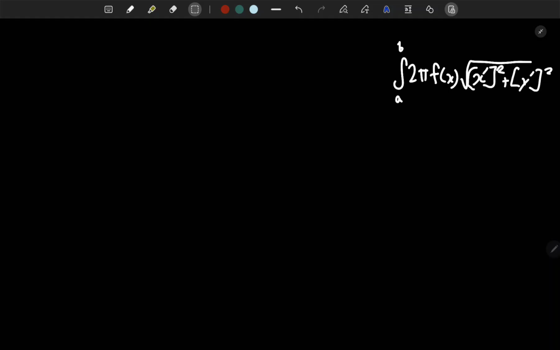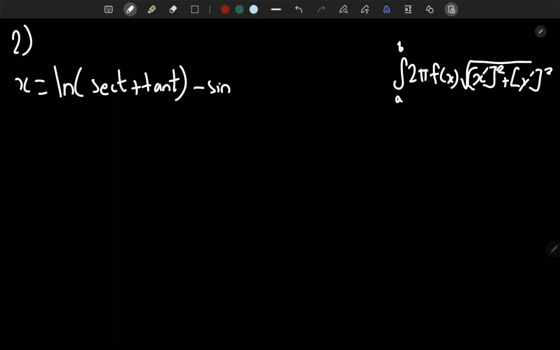Let's move on to our next example, question number 2. We have x as ln of secant t plus tan t, minus sine t. So at first, when you look at this, it is very overwhelming.